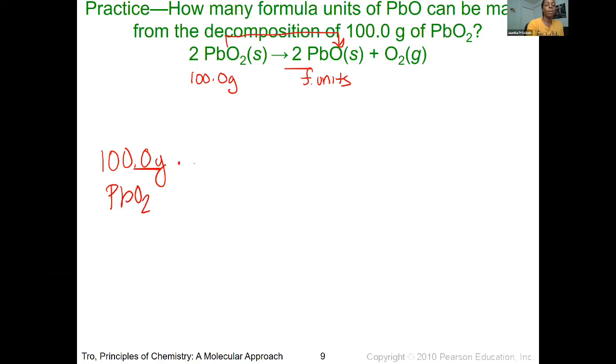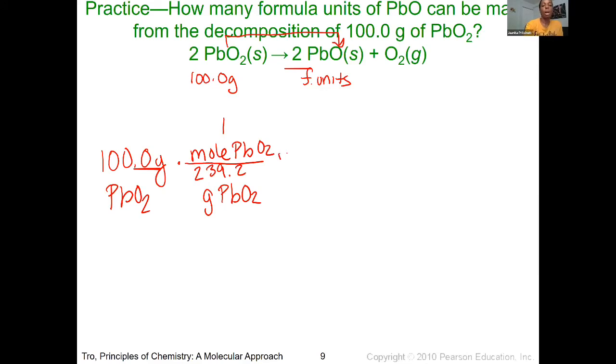And so on the bottom, I want to get rid of my grams of PbO2. On the top, I'm going to get to moles first. And we know we do so by using the molar mass. So for the molar mass, I'd be taking 207.2 plus 32 would get us 239.2 grams for every 1 mole.